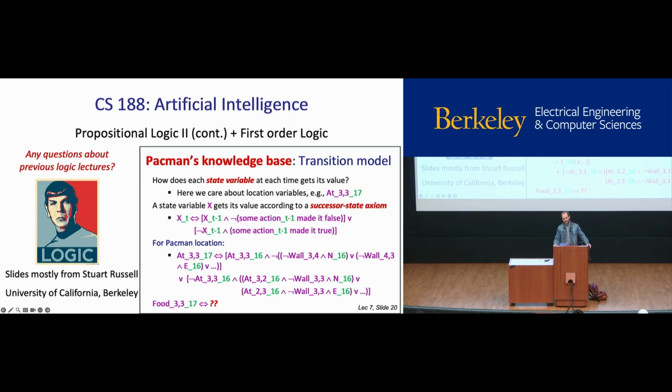And it has these connective symbols that make up a language that allow us to write sentences that allow it to reason about facts about the world that it's in. So we make this variable like At_33_17 to mean Pacman is at location 33 at time step 17.